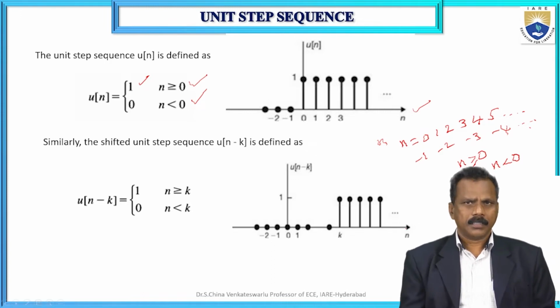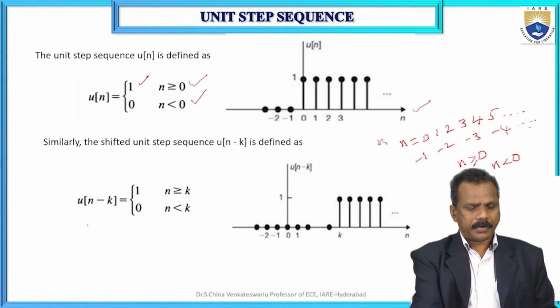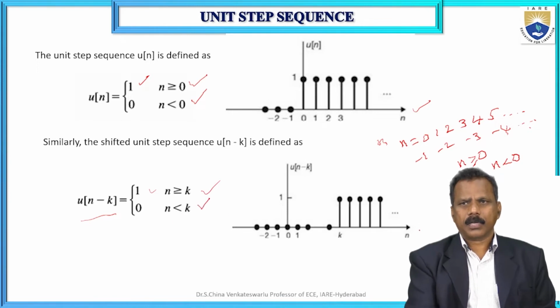Similarly, the shifted unit step sequence u[n minus k] is defined. It is 1 if n is greater than or equal to k, and 0 if n is less than k.